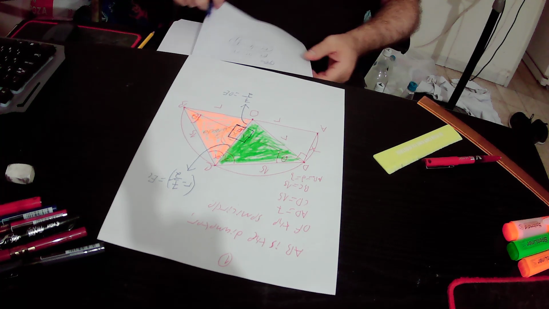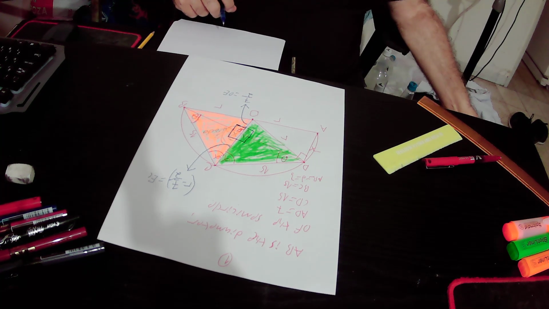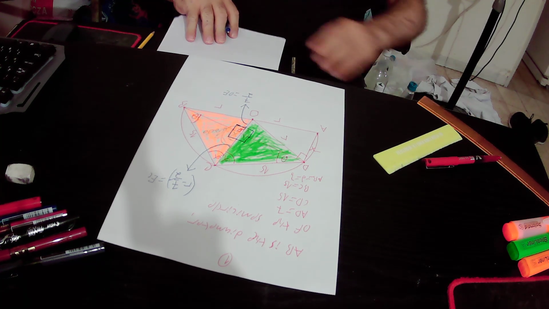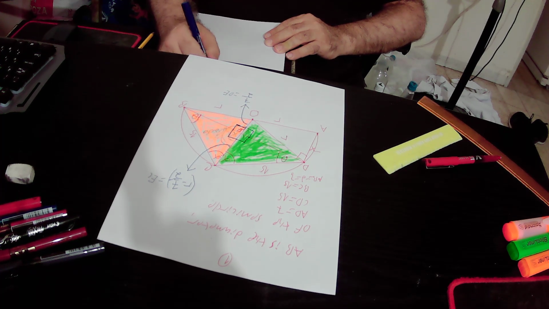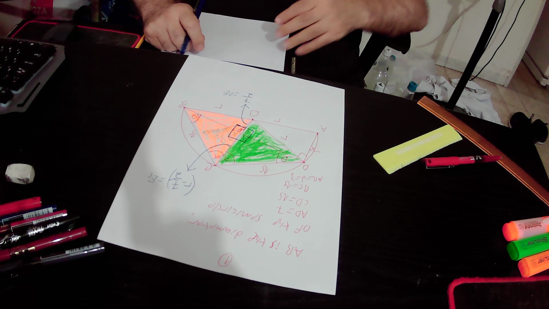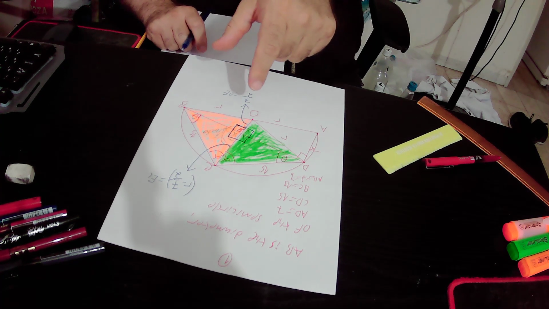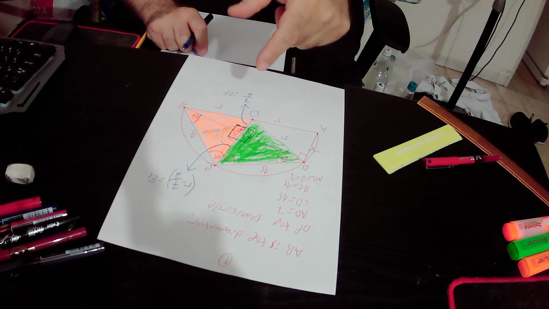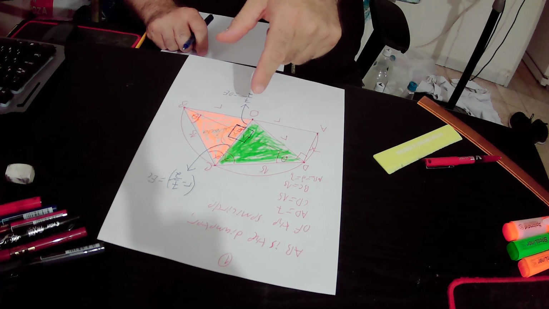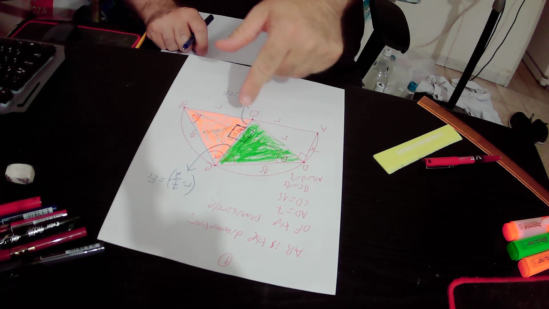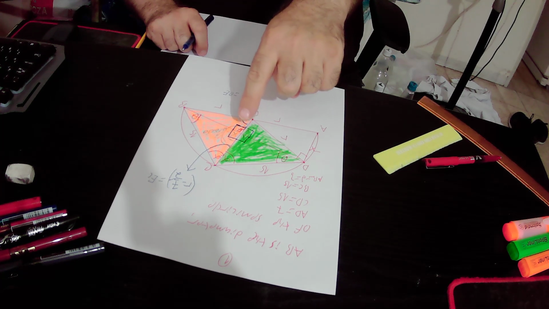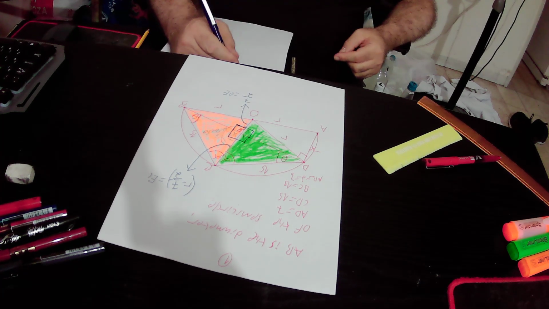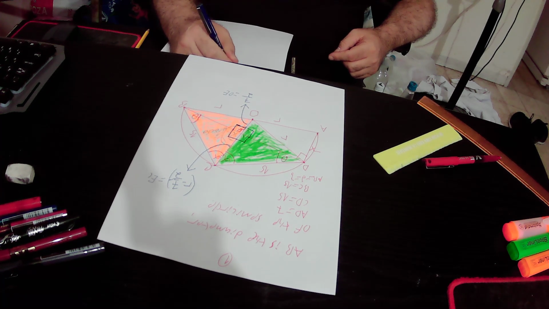So in the next step, we'll focus on two right triangles. Triangle CEB is a right triangle because angle CEB is a right angle.